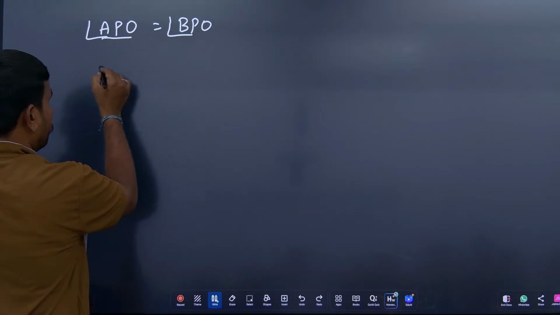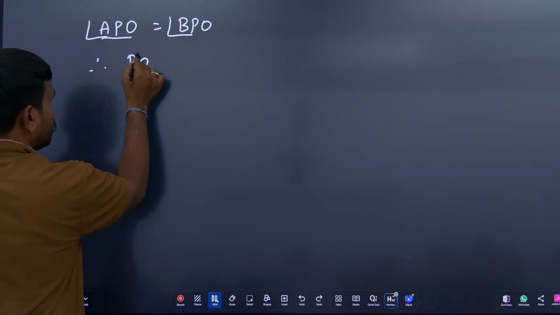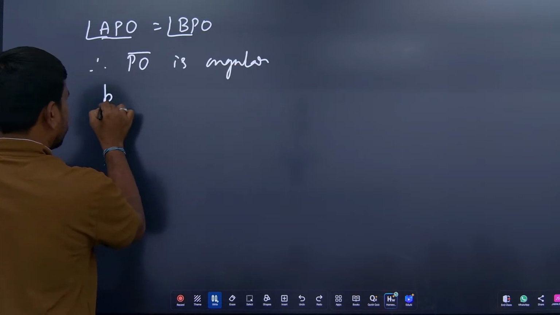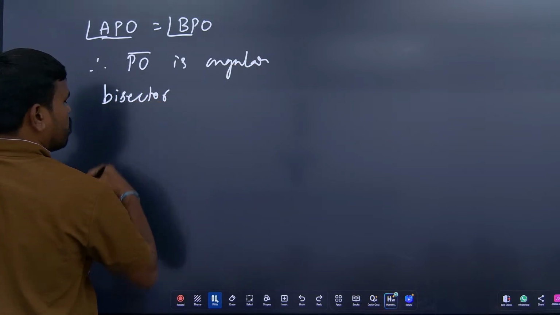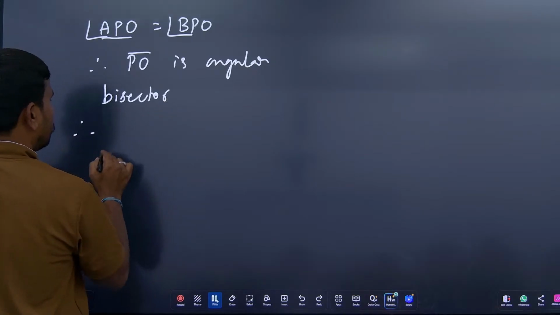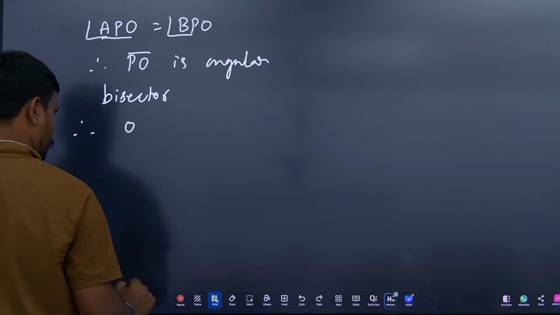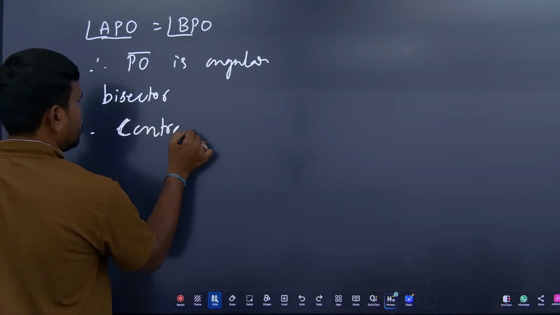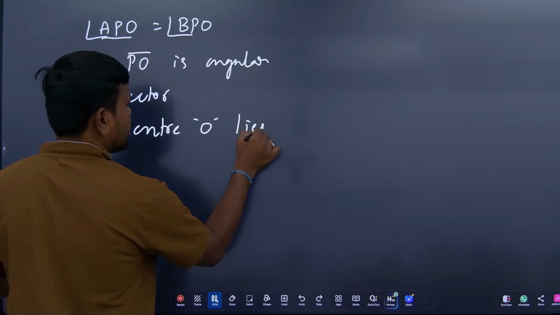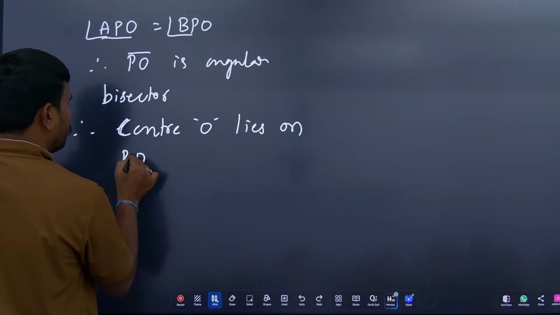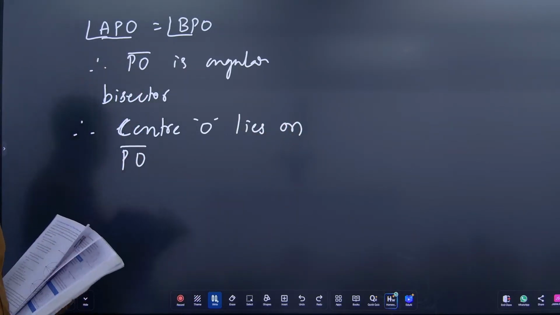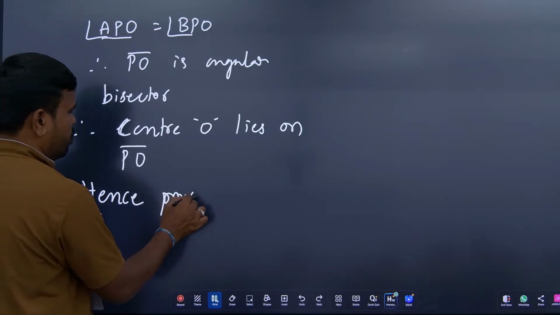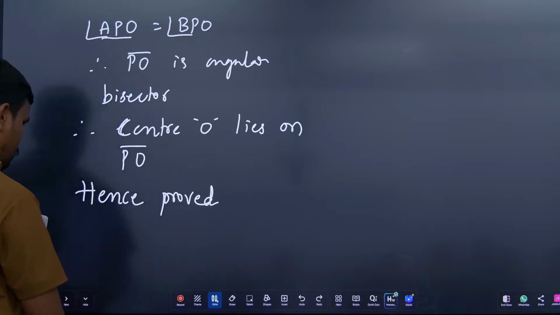Therefore, PO is the angular bisector. Therefore, center O lies on PO. Okay, you can write.